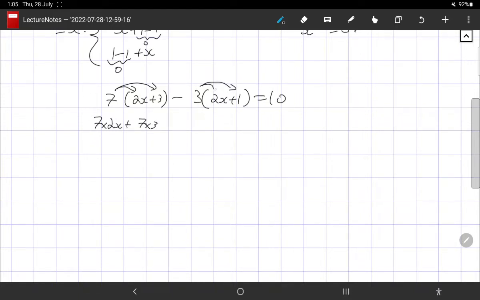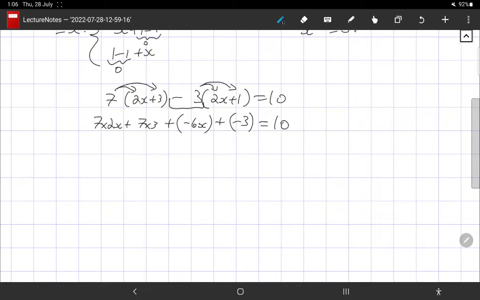And expanding 3 into both of them, but it's not just 3, it is negative 3. So we add negative 3 times 2x is negative 6x, plus negative 3 times positive 1 is negative 3, equals 10.